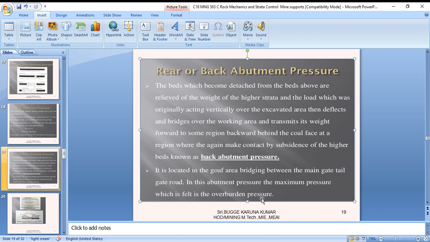It transmits its weight forward and to some region backward behind the coal face, where they again make contact with the substance of the higher beds, known as the back abutment pressure.